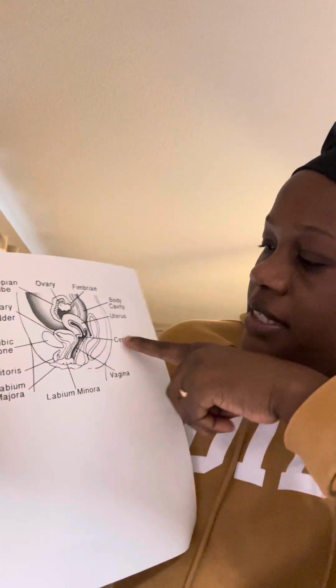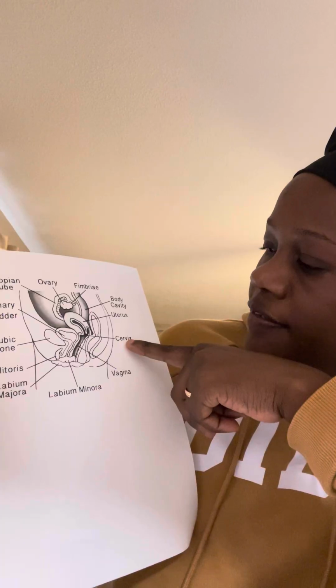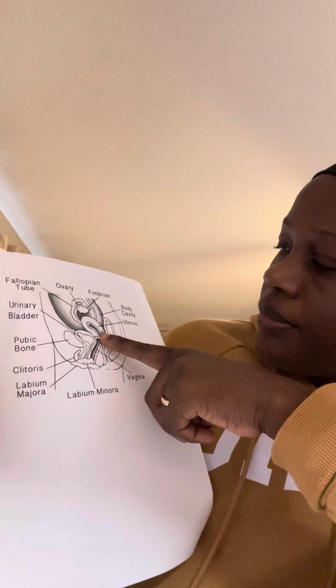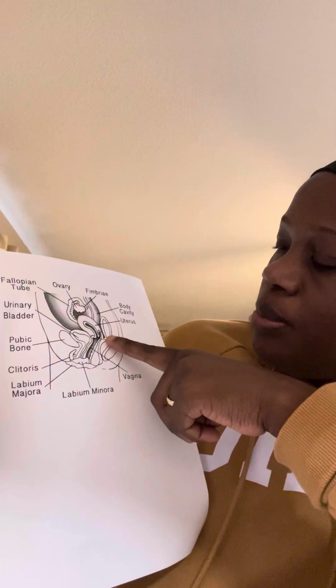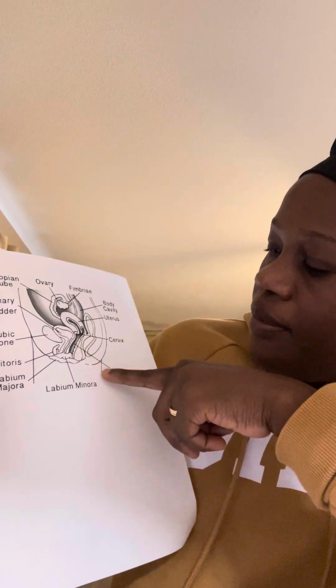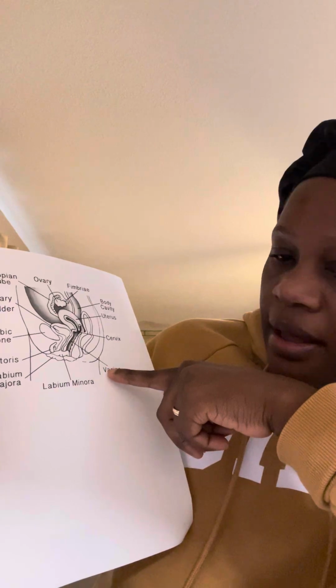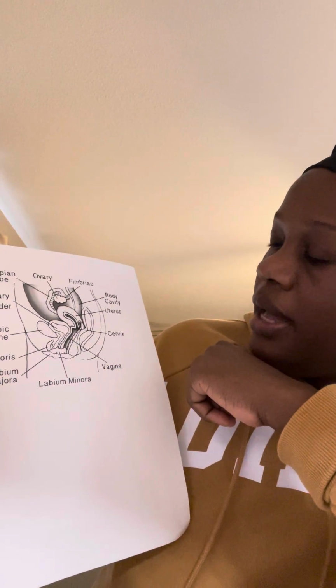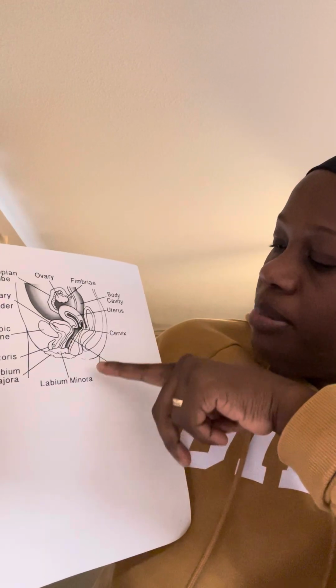And then we have the uterus, which houses and nourishes the embryo or the fetus. And then we have the cervix here, which is the entry to the uterus and also produces the cervical mucus. And then we have the vagina, which is the passageway for intercourse and childbirth.